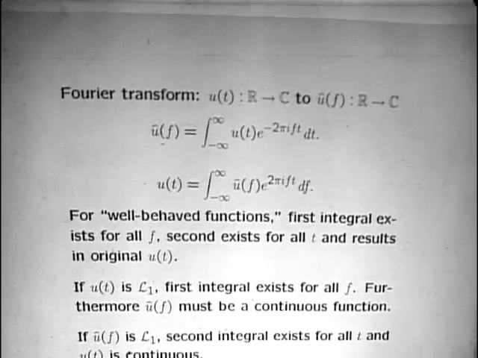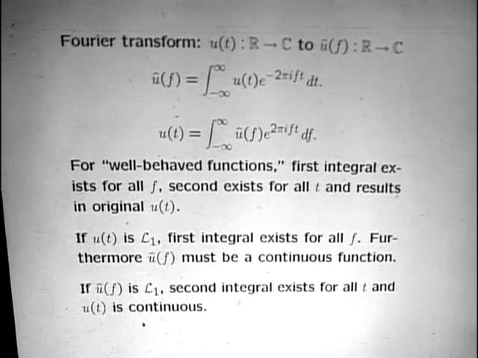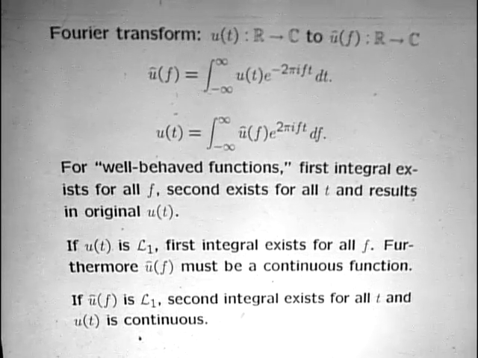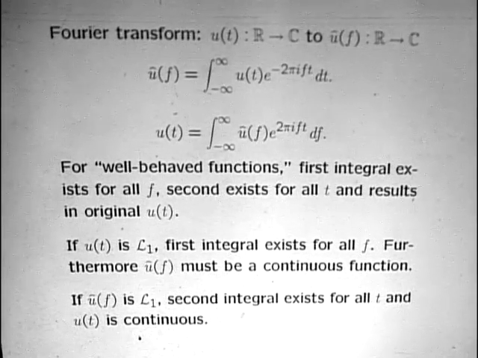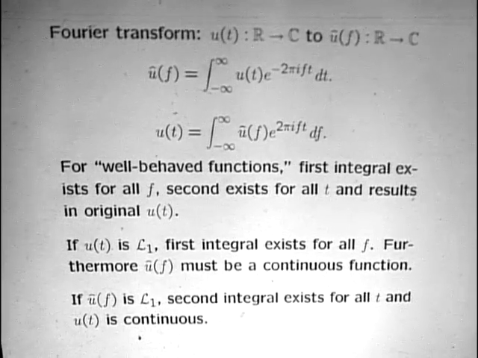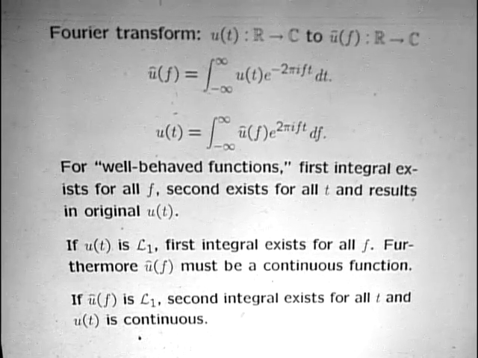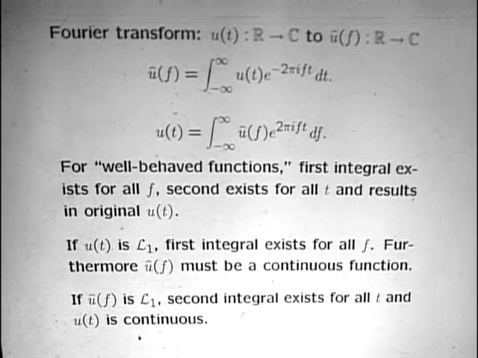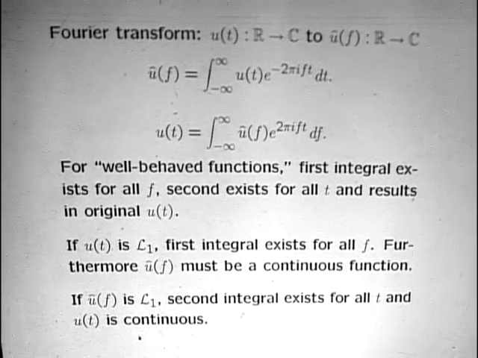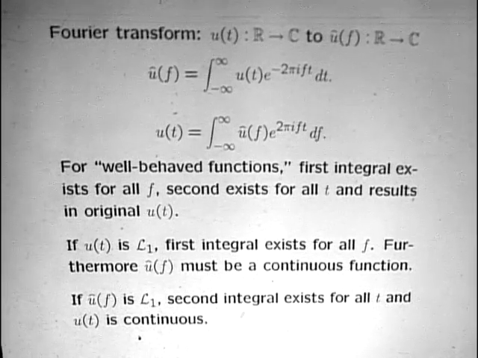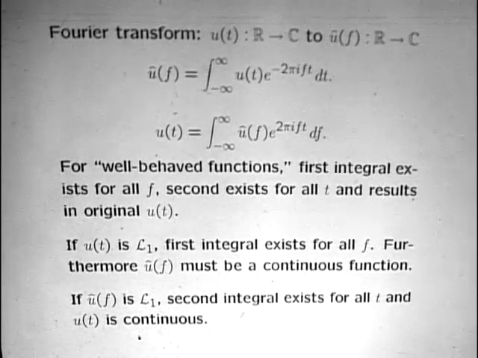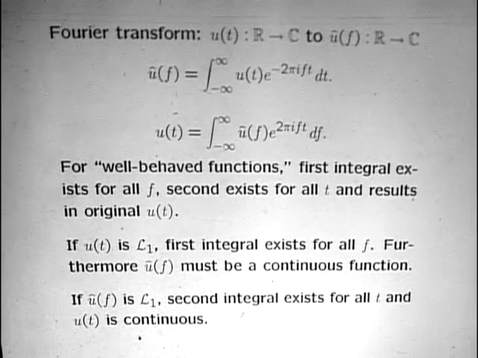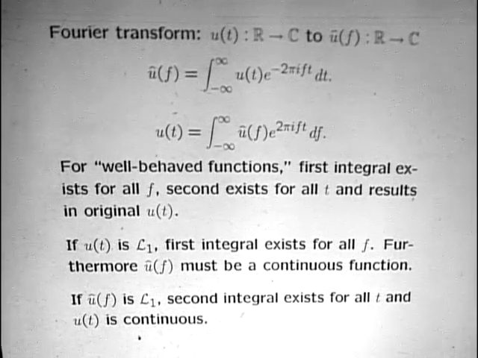Okay, so let's talk about the Fourier transform then, since we're backing into this slowly anyway. What you've learned in probably 2 or 3 classes by now is that the Fourier transform is defined in this way. Namely, the transform, a function of frequency, u hat of f. We use hats here instead of capital letters because we like to use capital letters for random variables.